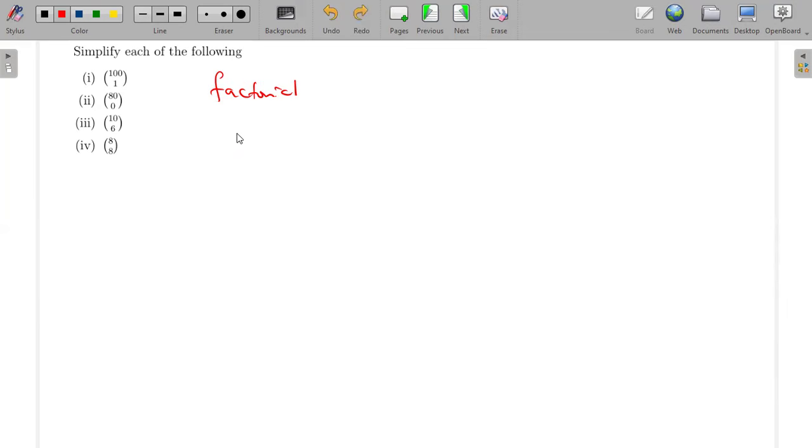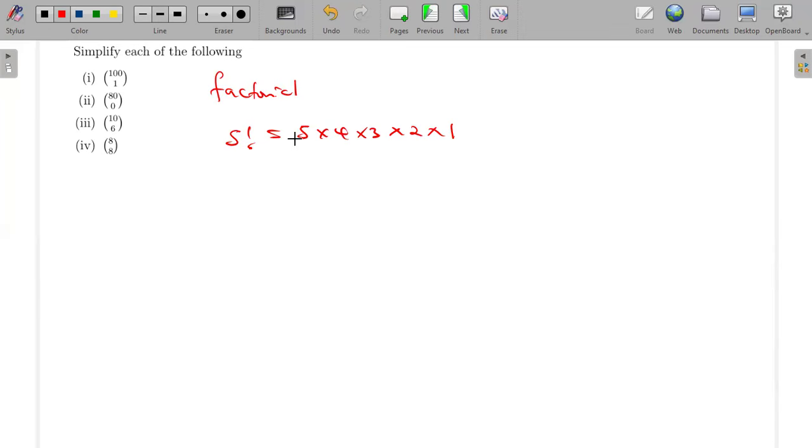So 5 factorial is just going to be 5 multiplied by 4, multiplied by 3, multiplied by 2, multiplied by 1. So you end when you reach 1. We said they are positive, meaning you only take positive values and not negative values. So when you reach 1, you end the factorial.